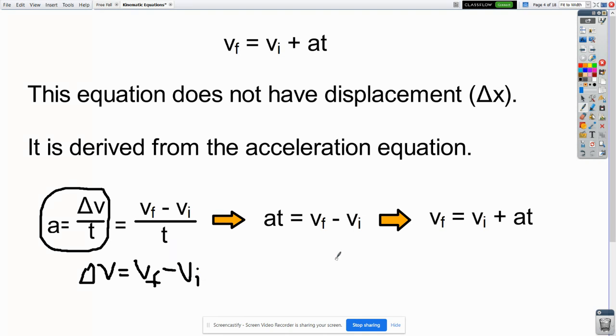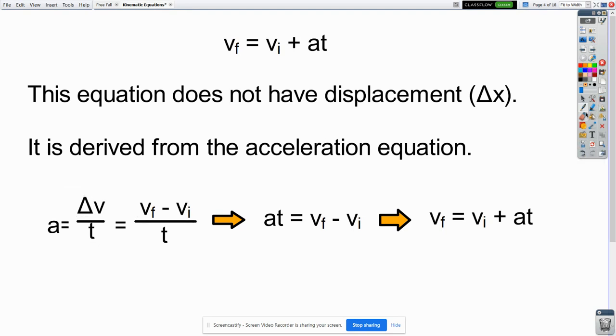So the first thing we do is we replace this delta v with that expression, Vf minus Vi. So again, the first thing we're doing is just a substitution. We're replacing delta v with Vf minus Vi. What that gives us is this equation. Acceleration equals Vf minus Vi over t.